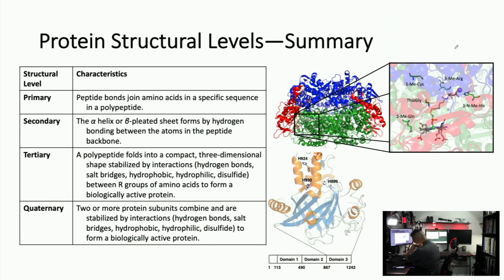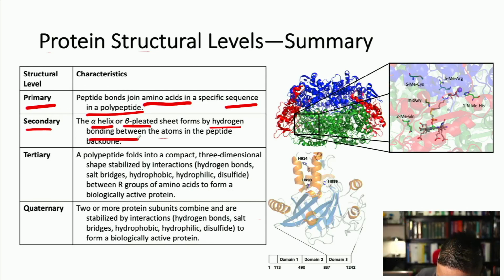Next. So, just a quick summary of everything, which I just did a second ago, which tells you how important this stuff is, right? At the primary level of protein structure, we have the amino acids that join, becoming a specific polypeptide sequence, right? At the secondary structure level, we have the alpha helices and the beta sheets that are formed by hydrogen bonding between the atoms of the peptide backbone.